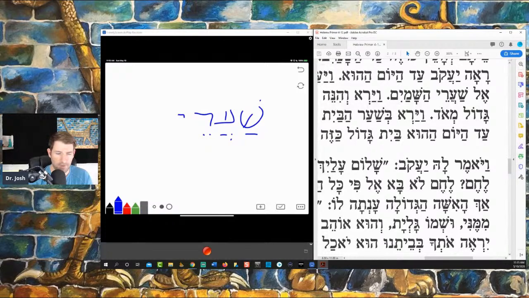So the gates of, this is in that plural construct form. The gates of Hashamayim. El is to. So he goes up this thing until he comes, or until he came to the gates of heaven.